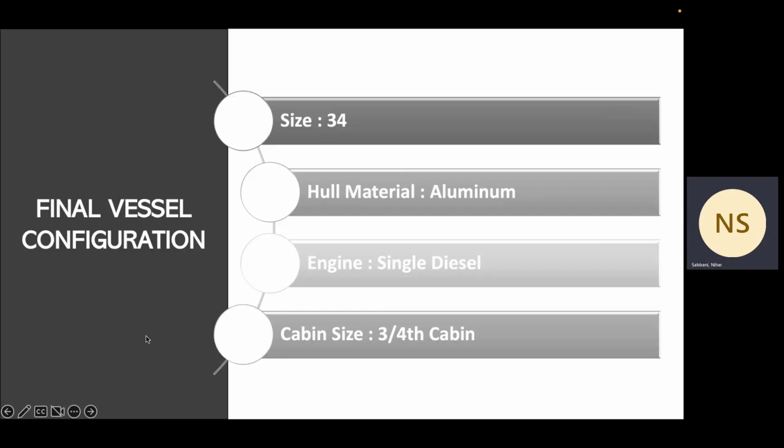So, the final vessel configuration is size 34, aluminum hull, single diesel engine, and three-fourth cabin, after the work and vessel scoring that we've done using the constraint weighted model.